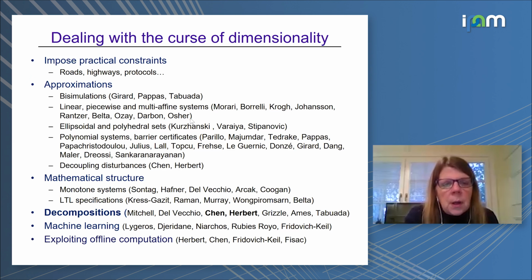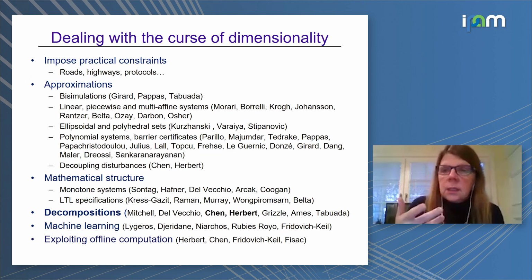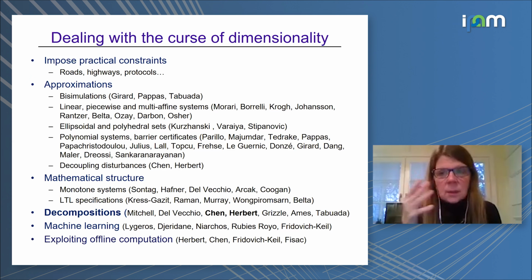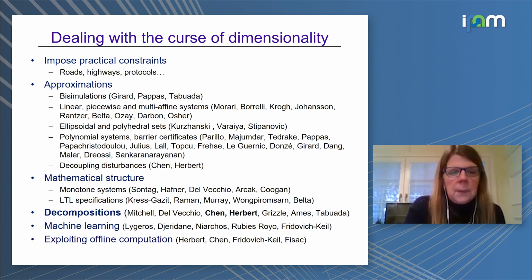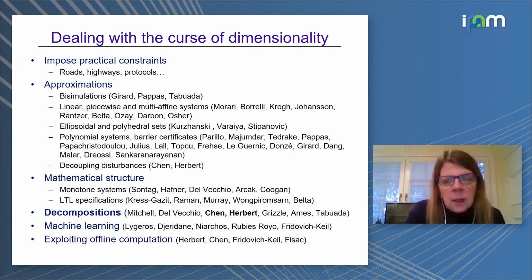So approximations. Now, approximations could mean approximating the dynamics of the system, approximating the set structure. So maybe not using level set methods, but using, for example, polyhedral or ellipsoidal approximations, which in some cases can give some computational savings. And so you see some of these, like, for example, the use of linear, piecewise, and multi-affine systems.